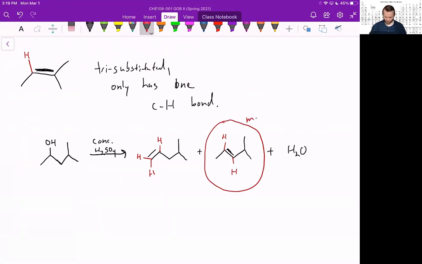Therefore, that is the major product. What's on the left would be the minor product. Major means you would get that in a greater amount. Minor means you would get it to a lesser degree. And that's how you draw the products and predict what the major product will be for the dehydration of alcohols into alkenes.